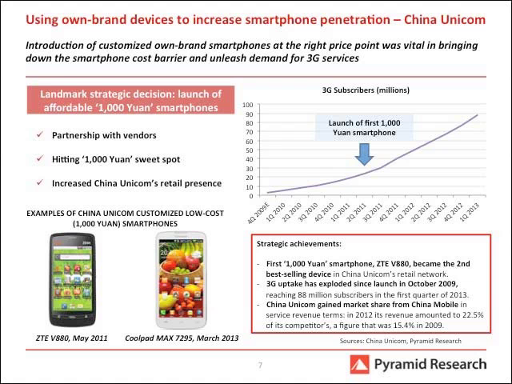And the point is that by launching these very affordable own-brand smartphones, they managed to increase demand for data services and for 3G on their network. They also invested a lot in increasing their retail presence, and partnered with a number of national retailers.